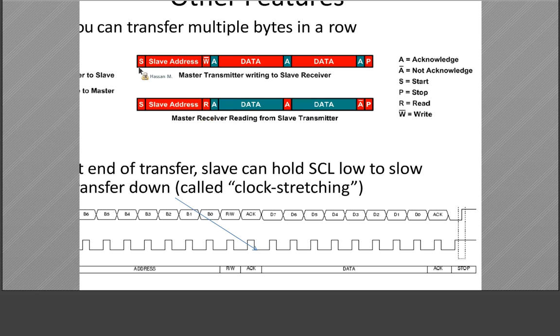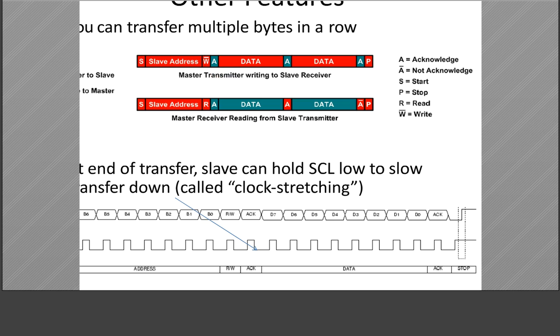Here we said start from master for write, then a slave address, 7 bits. Then write bar. Write bar means zero from master. Me as a master, as microcontroller, want to write to you as a slave, by signaling the write W bar 0.